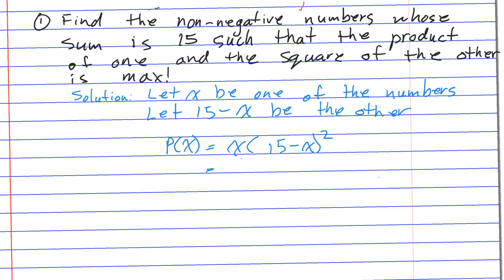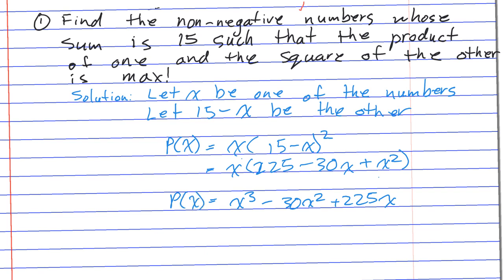So now you end up with x times 225 minus 30x plus x squared. So now we expand and arrange all our stuff properly. So you're ending up with x cubed minus 30x squared plus 225x. So that is p of x.